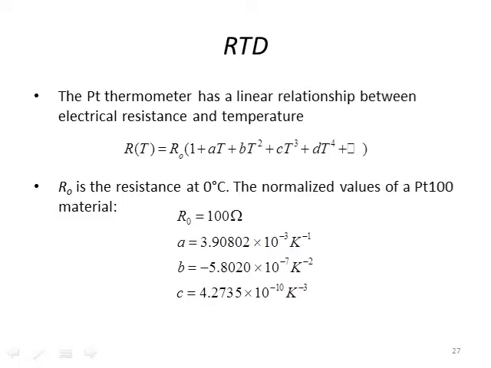Now, the platinum thermometer, for example, has an extremely linear relationship depending on the type of platinum that you use. You can see that we have this expansion using a Taylor series, but usually we use the constant R0, which is the resistance of the metal at standard temperature, the room temperature, for example, plus AT, which will be some fitting parameter that characterizes the slope of the resistance versus temperature characteristic.